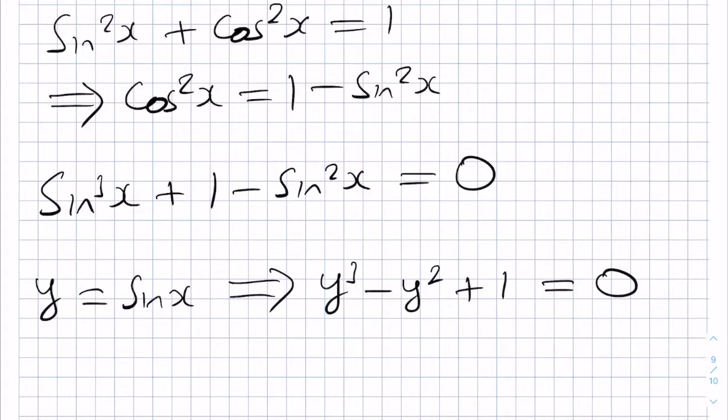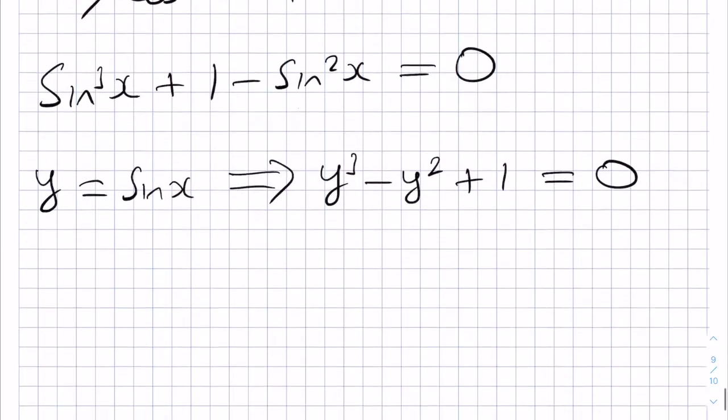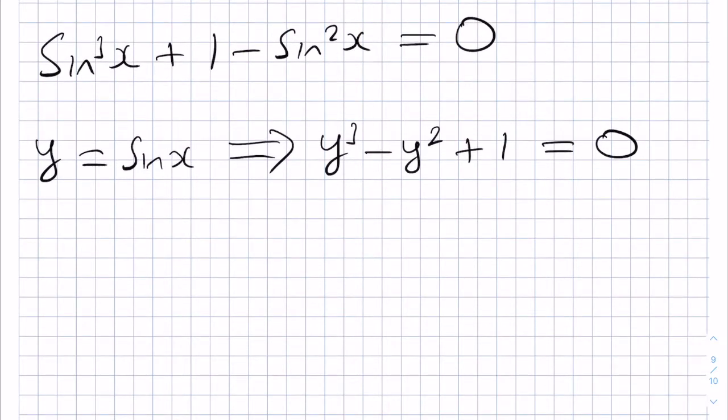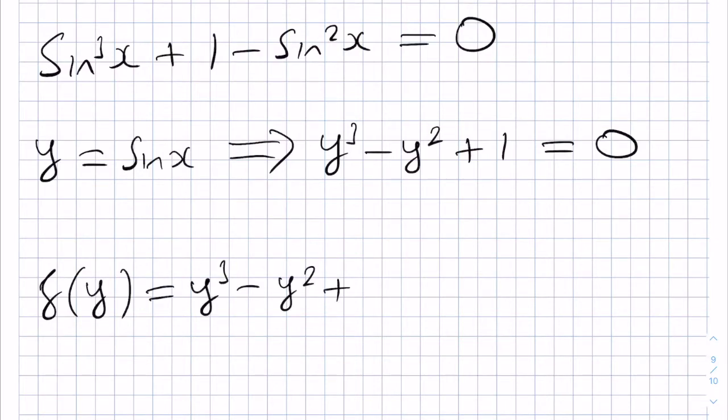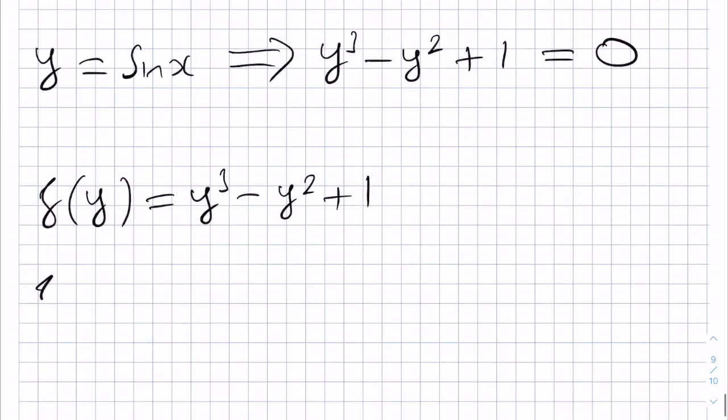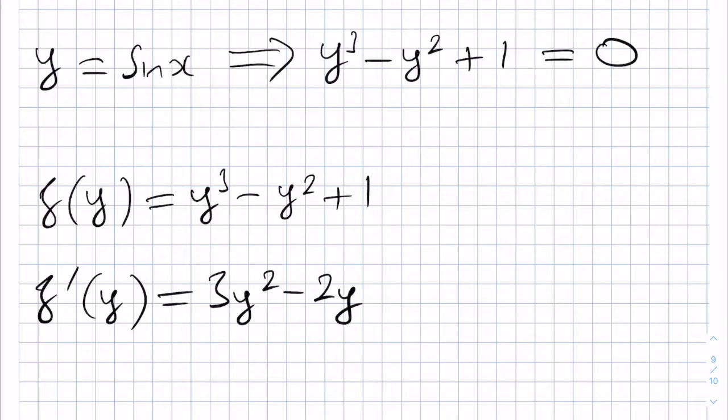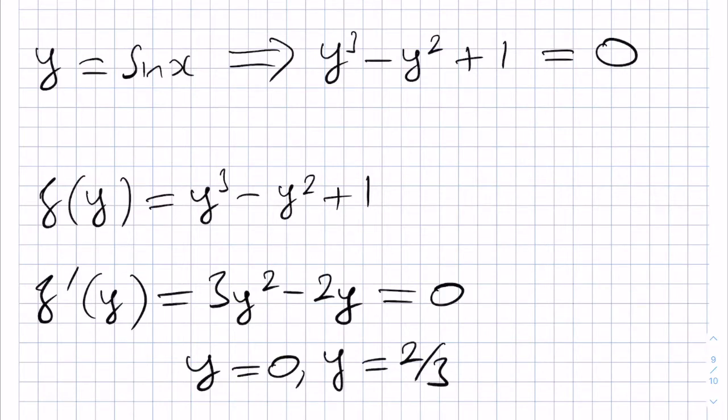We use a similar procedure to that we used in question 1a, i.e. we write the cubic on the left-hand side as a function f of y, and then we find the turning points of this function. So we have f prime of y, which means we're differentiating with respect to y, is equal to 3y squared minus 2y, which is 0 when y equals 0 and y equals 2/3 by factorising.